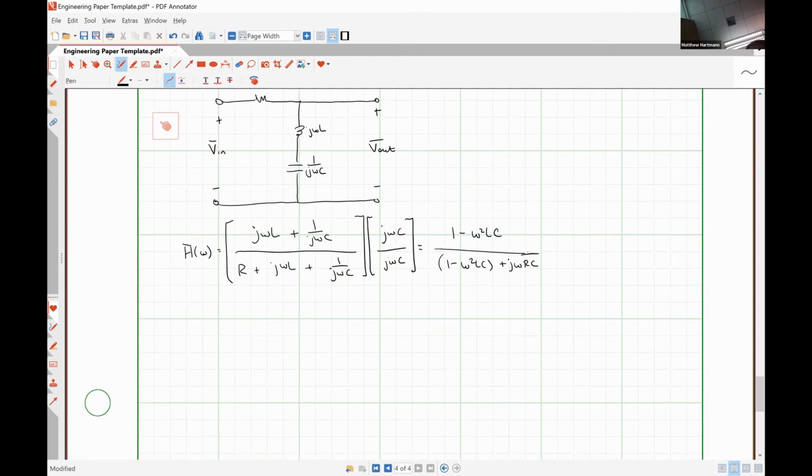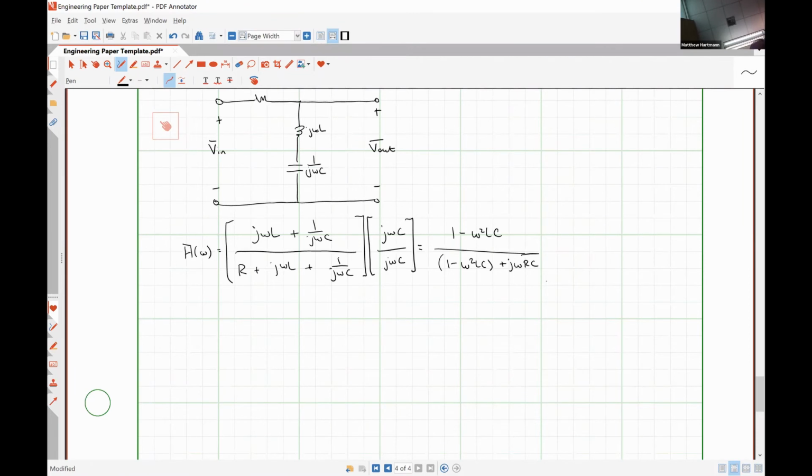This time we're not going to be able to do that. When 1 minus omega squared LC is equal to 0, then we have 0 divided by an imaginary number, which is 0, which is still a totally real response.